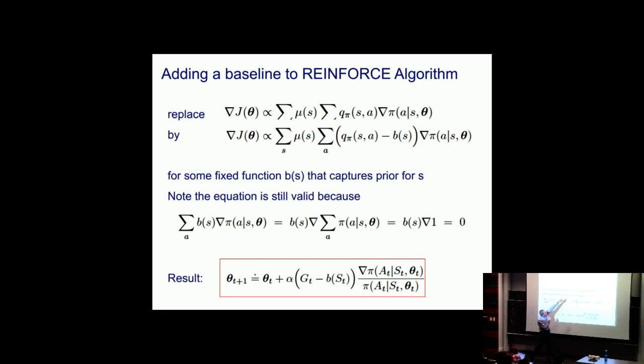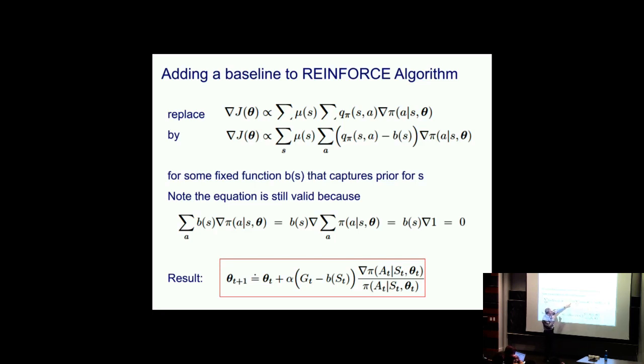If you think about expanding this out, then we have q times the gradient of pi, which we had on the first line, minus b of s times the gradient of pi. But the cool thing is that the negative term, minus the sum over actions of b times the gradient of pi, actually is equal to 0.